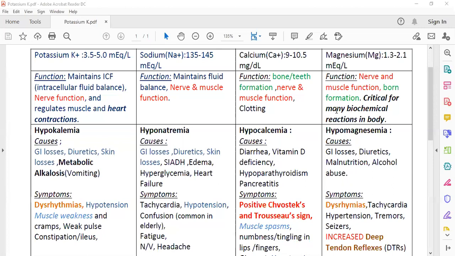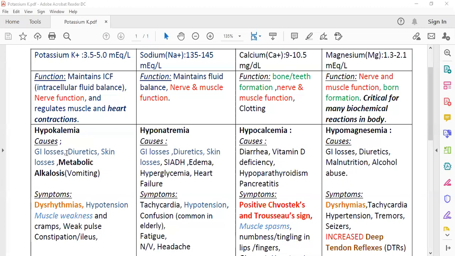What else? Magnesium is critical for many biochemical reactions. Biochemical means chemical reactions in living tissue, which occur during metabolism. By these chemical reactions, energy called ATP is produced.